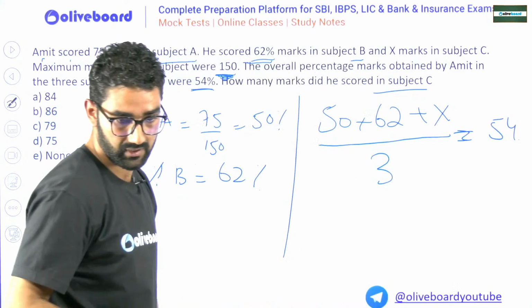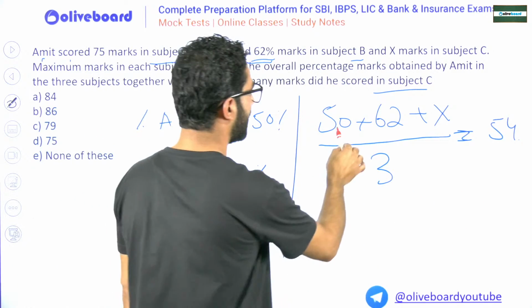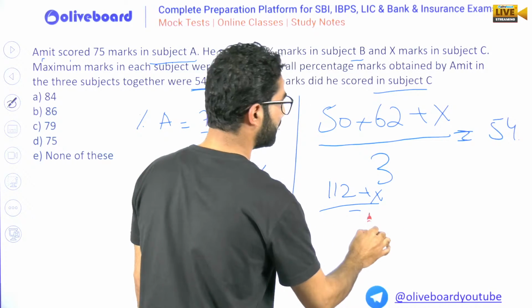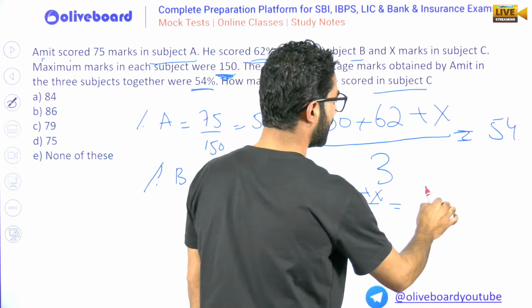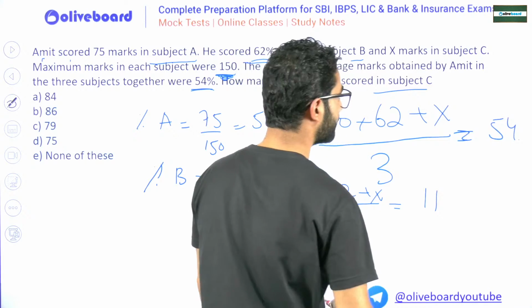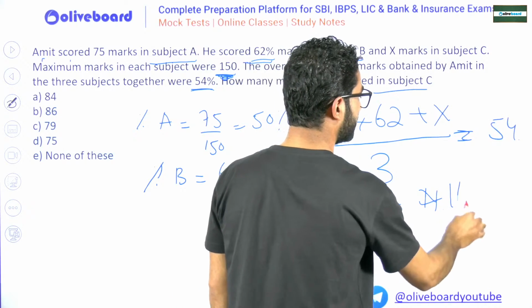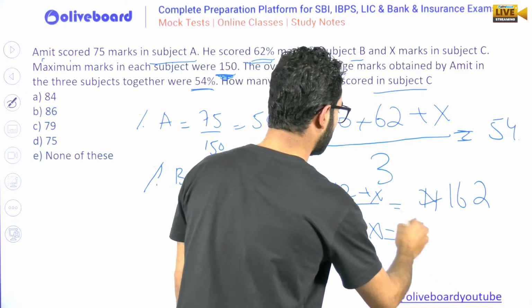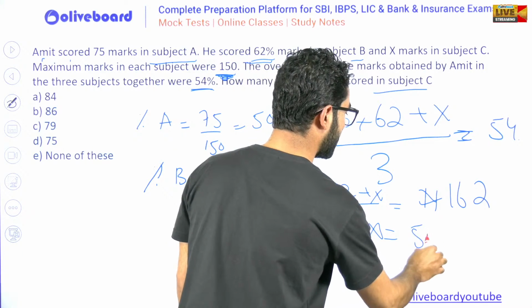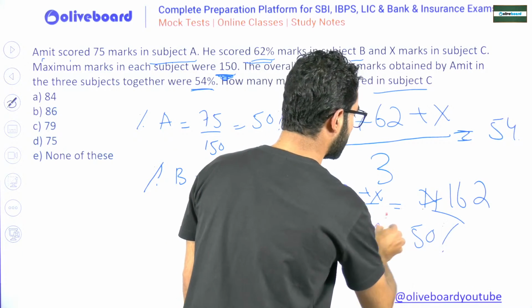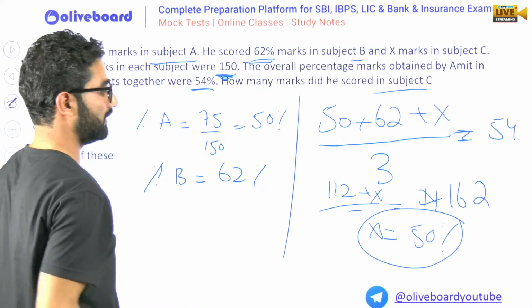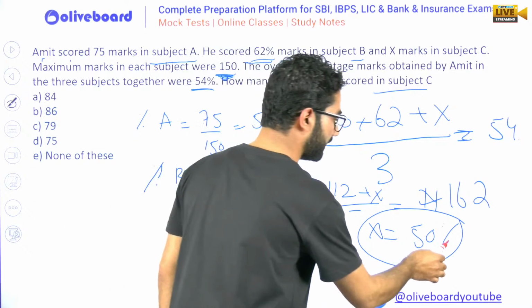Now can you calculate this? It will be 112 plus X, and we multiply by 3 to get 162. Then X will be 50.